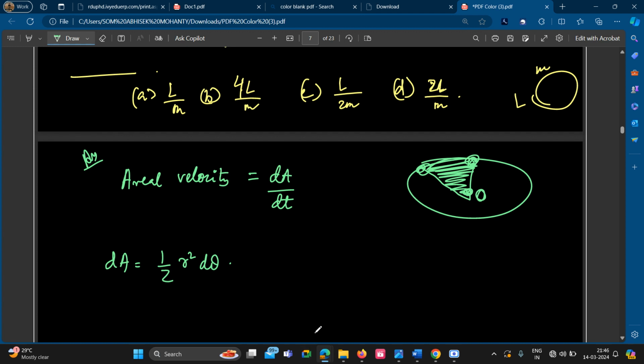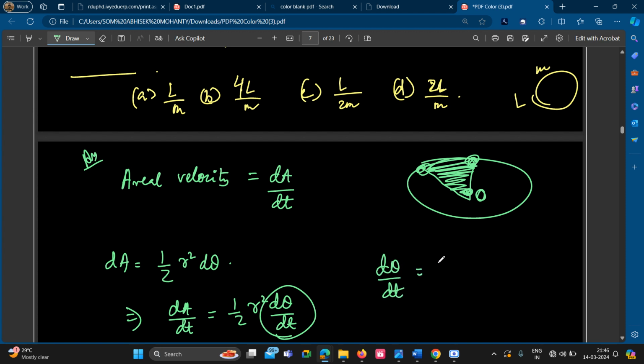Half r square d theta. So for dA by dt we need, right? dA by dt will be half r square d theta by dt. So what is d theta by dt?